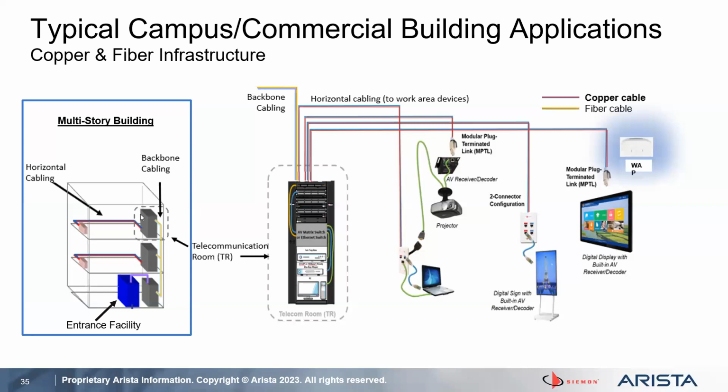In each of those, there's a telecom room on each floor. And this is where you've got the switch that Siemon was just highlighting. And then out from there, you're going out to your devices, whether it's the WAPs or the video. We're starting to see more and more intelligent buildings, obviously, and there's a lot more end devices that need to be managed.